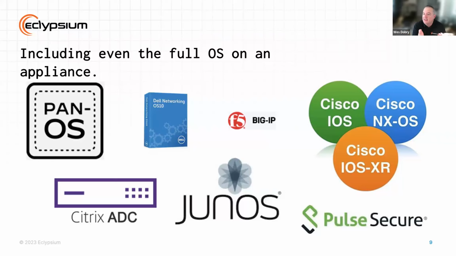Or if we have something like a load balancer or a VPN concentrator, or all of these different things that we all have within our networks, now firmware also includes the running operating system on those things. And again, as we start to dig into these definitions, this starts to mean that these processes that we have to put in place are actually a lot more complicated than we initially thought.